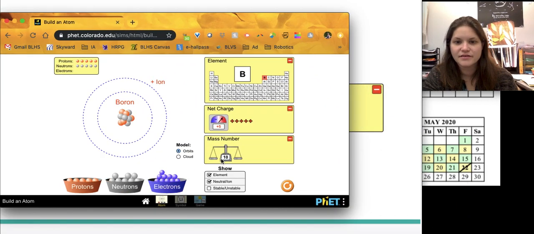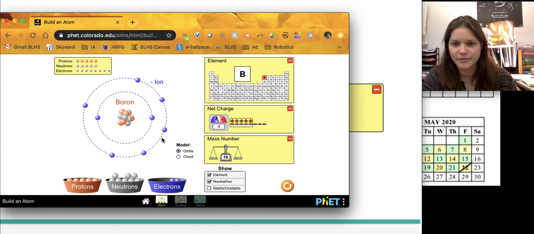If we start adding in some electrons here, right now we have 5 protons but no electrons, so we have 5 unbalanced plus signs, a charge of plus 5. As we start adding in electrons, now that net charge is going down because those negatives are canceling out the protons. And then if we keep adding, after we get to a net charge of 0 or a neutral atom, keep adding electrons, now you can see the charge is becoming negative because the electrons outweigh the protons.